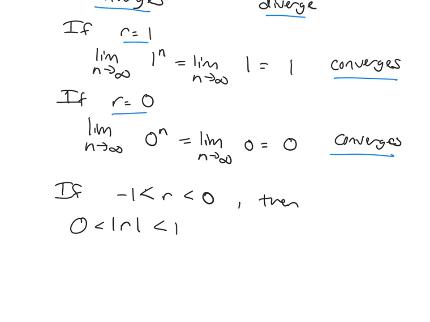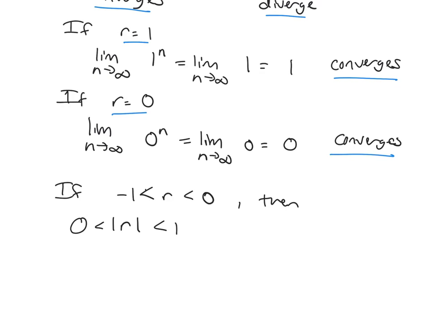And remember, now we have an alternating sequence because it's flipping signs, negative to positive, negative to positive. So what did we do when we had flipping signs before on the previous example? When we did -1 to the n over n, I think that was the example.